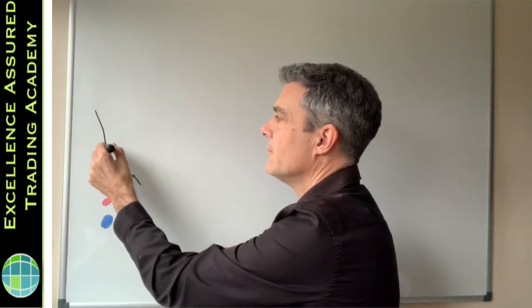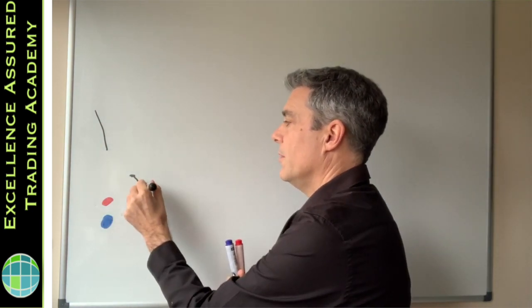Or maybe the market on a higher timescale chart has been doing this, and therefore they wait for the market to open and they go short. But because there's a higher number of buyers, it won't be long before the market starts going up.